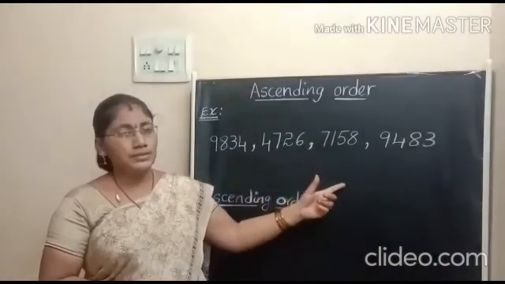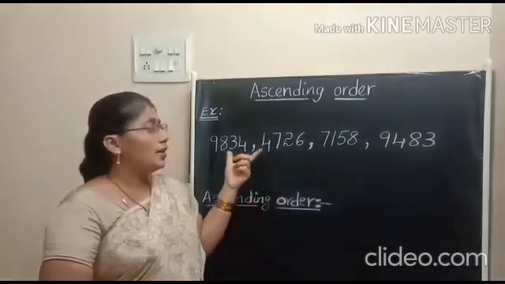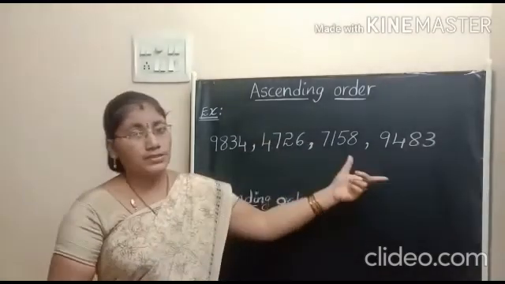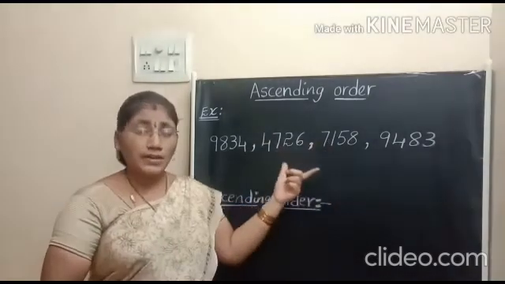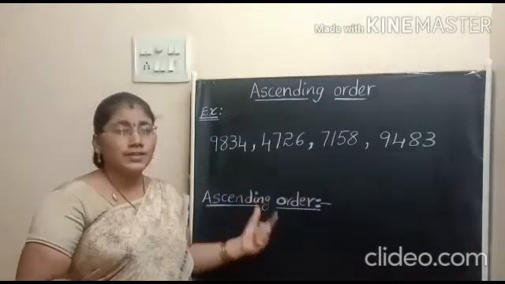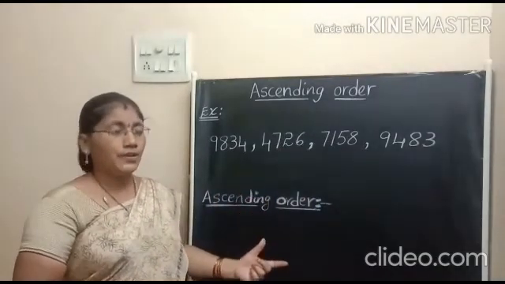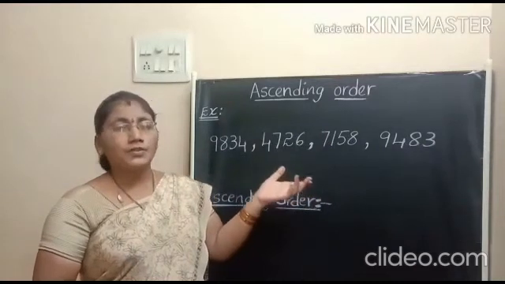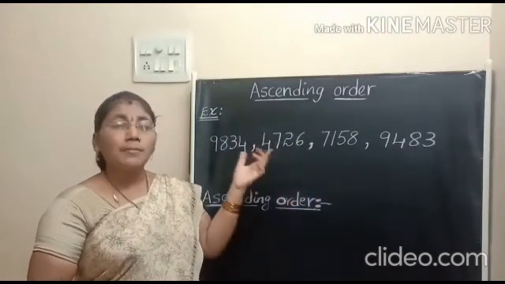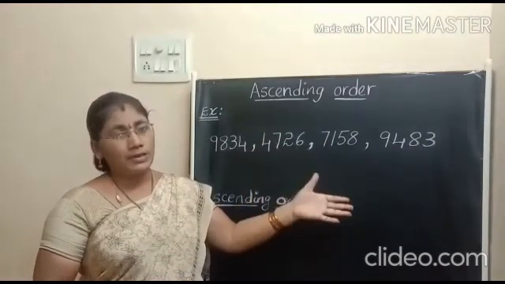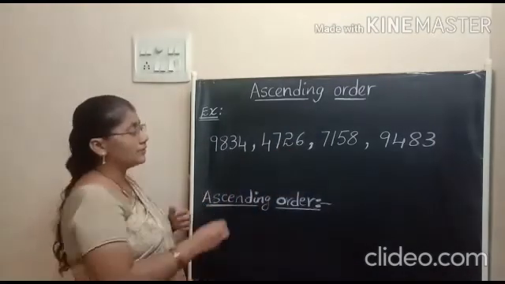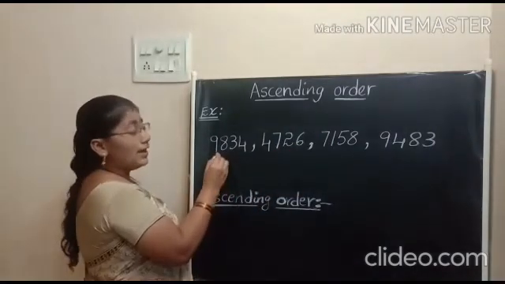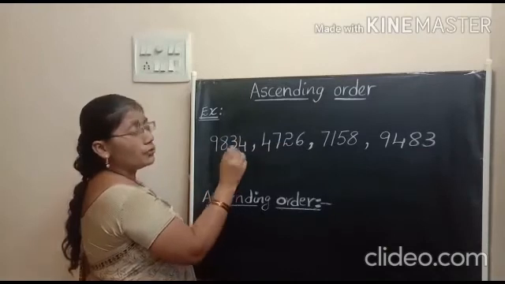Next example. Here, we have 4 numbers. Now we have to arrange these numbers in ascending order. To compare these numbers, what do we have to do? First we have to count the number of digits in each number. Let us count. Here we have 1, 2, 3, 4 digits.